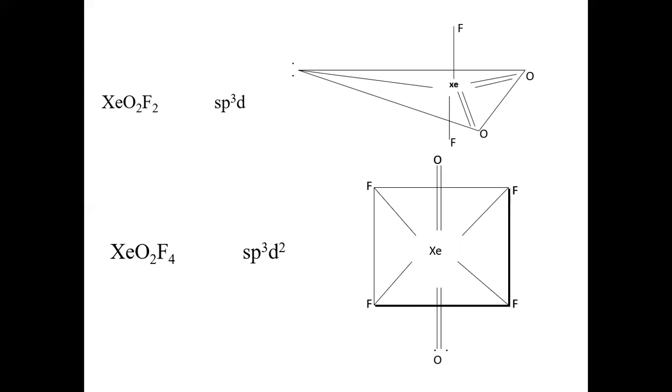The five sp3d2 orbitals containing electrons form five sigma bonds with fluorine atoms and one oxygen. The remaining unused ones form the pi bonds with oxygen atoms. It contains a lone pair of electrons which lies opposite to the oxygen. It has a square pyramidal shape.